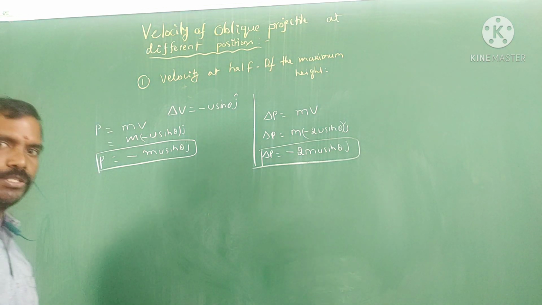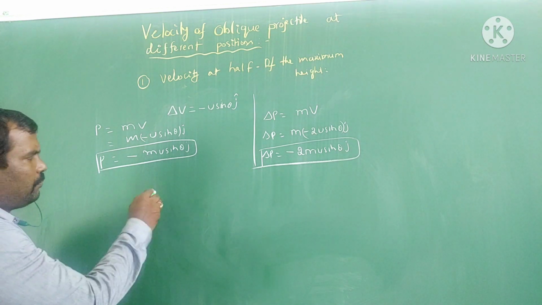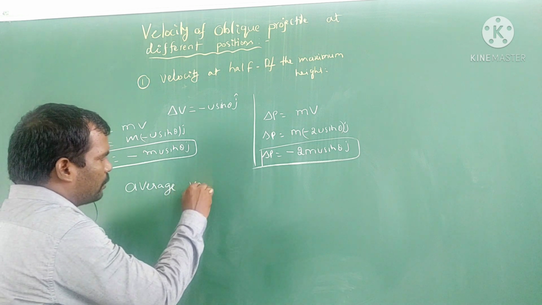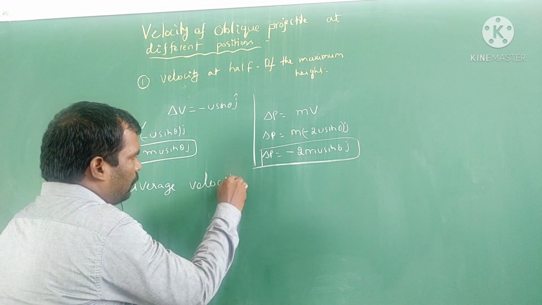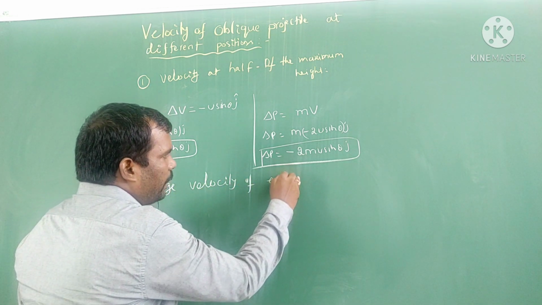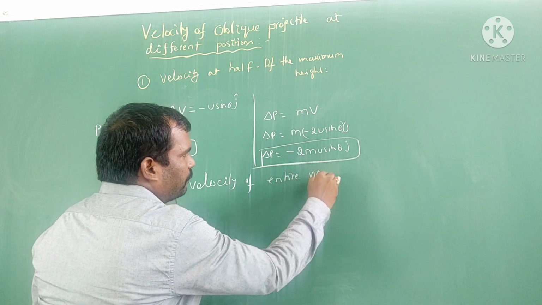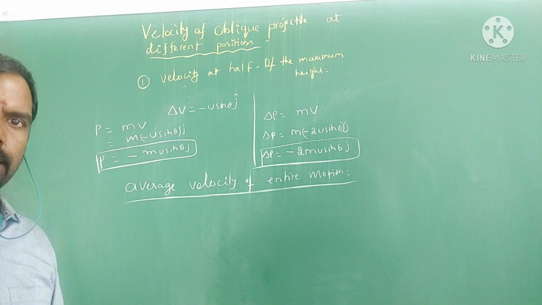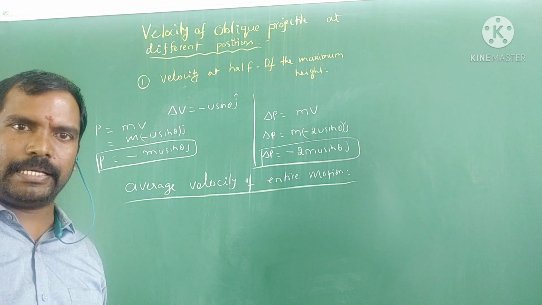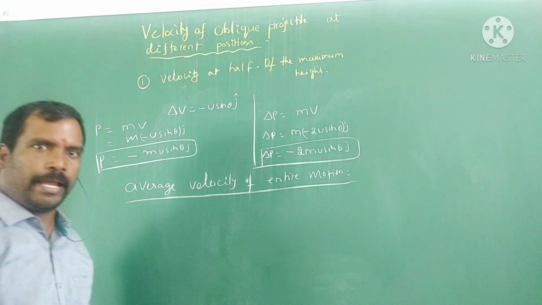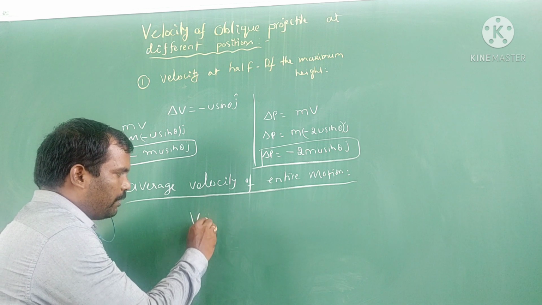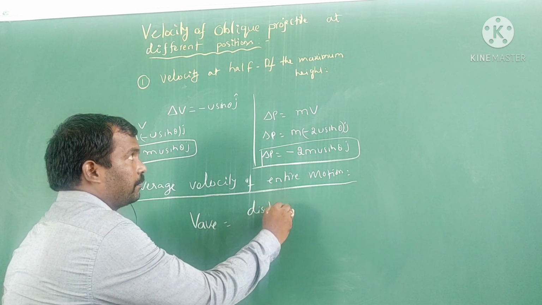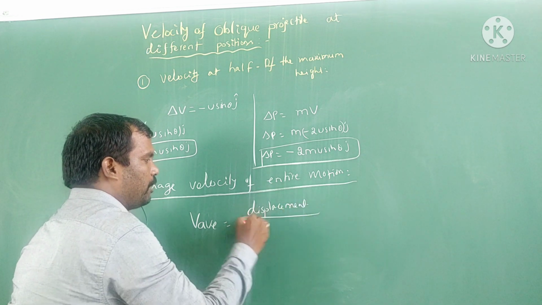Now, suppose I want to calculate the average velocity of the entire motion. What do I have to calculate? As we know, V average is equal to displacement upon time.